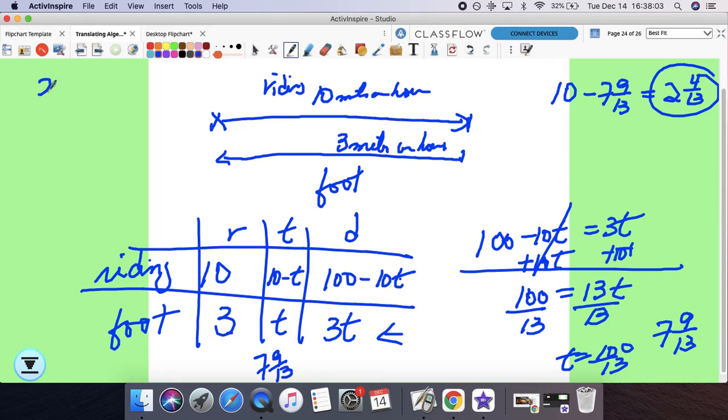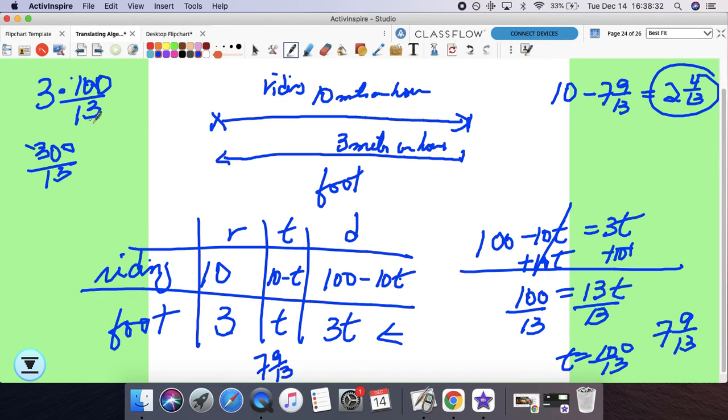So 3 times t, 3 times 7 and 9 over 13, which, as far as multiplication goes, I'm going to use the improper fraction version. 3 times 100 is 300 over 13. So the distance is this, and I'm not going to change it.